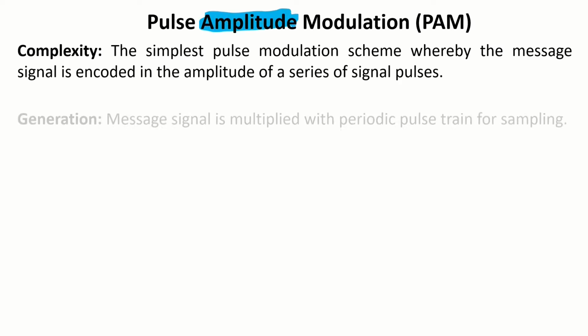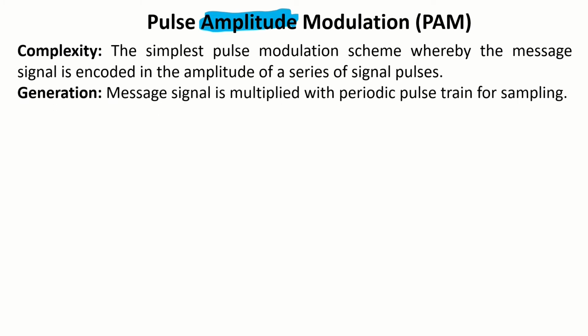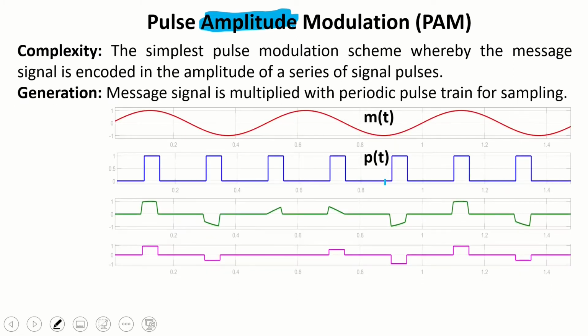The generation of PAM can be done by considering a message signal m of t. Over here we have considered a single tone signal, but you may have any signal. And this signal is multiplied with a periodic pulse train that we have expressed as p of t.